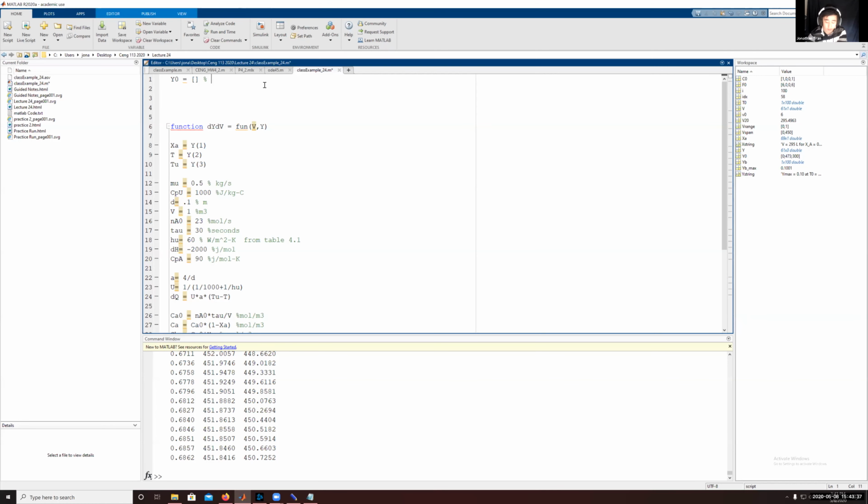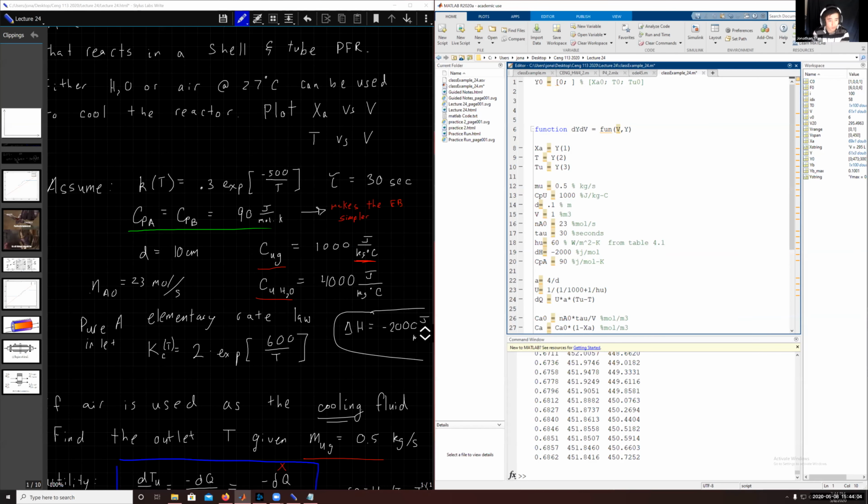So this is basically going to be in the form of XA naught, T naught, and TU naught. These define our starting points, like our initial guess. We're just going to say the conversion is 0. Our temperature inlet, I think I specified the reactor temperature as 200. If I didn't specify it, I meant to.